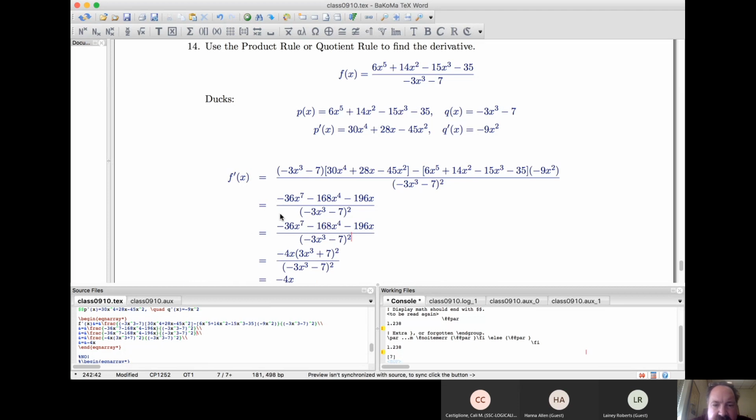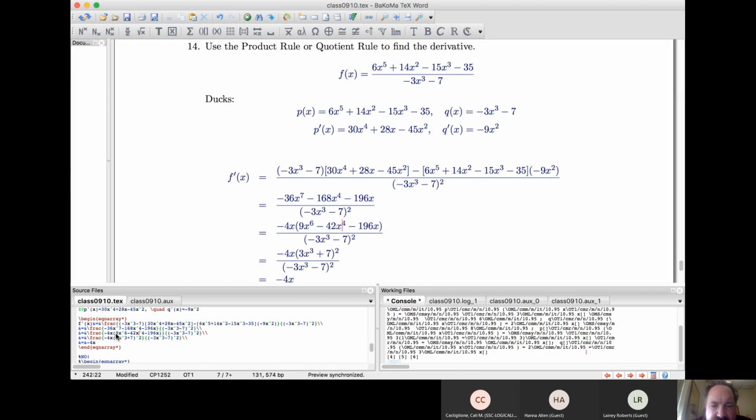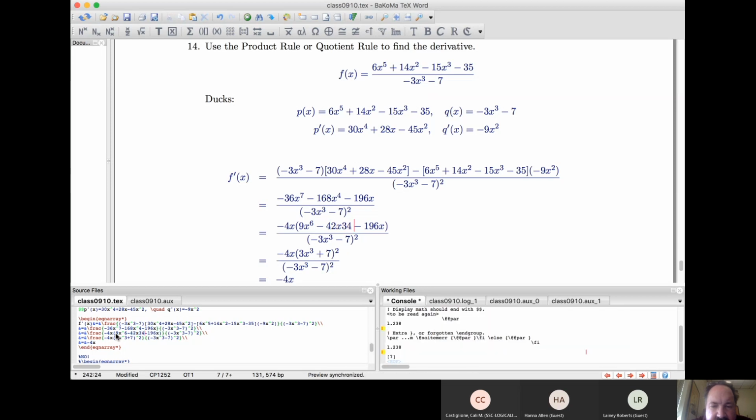Okay. This numerator has a common factor of minus 4x. So I'm going to factor that out. After dividing by minus 4x, I'm going to get 9x to the 6, and then I get 42x cubed.